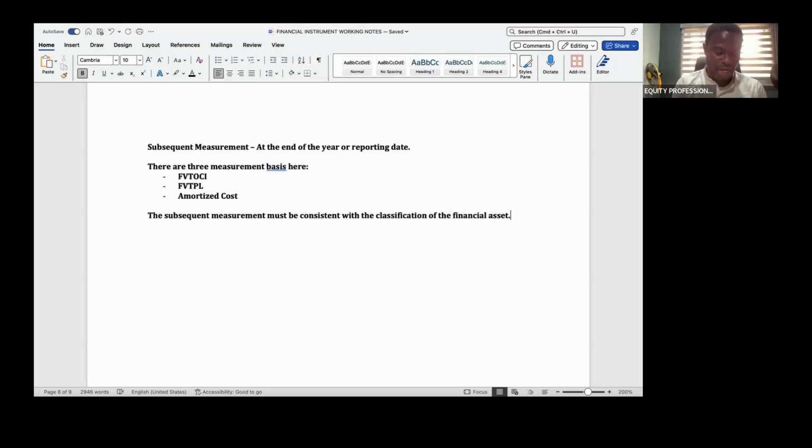When you classify at fair value through P&L, it is expected that you measure at fair value through P&L. When you classify at amortized cost, it is expected that you measure at amortized cost. So that's how this works essentially.